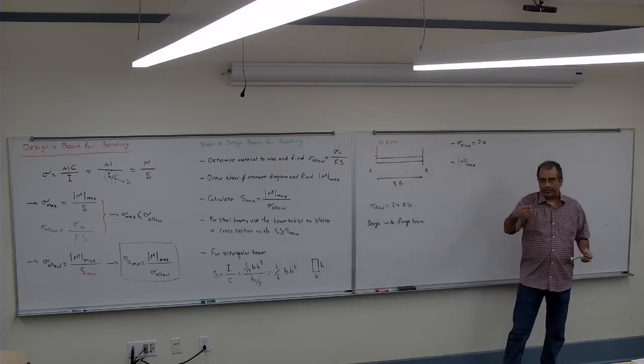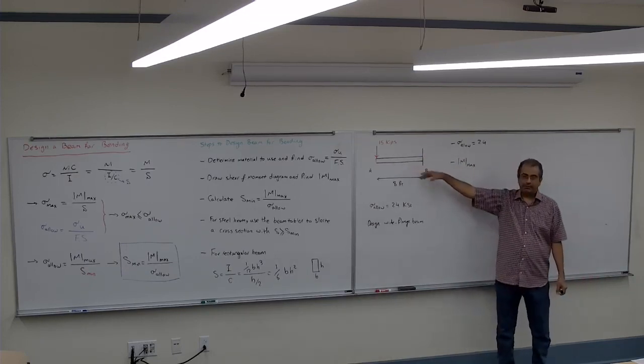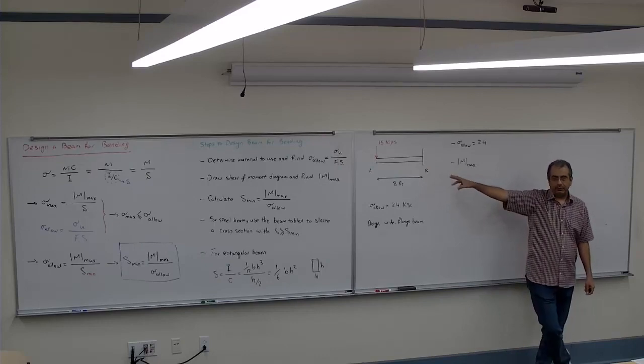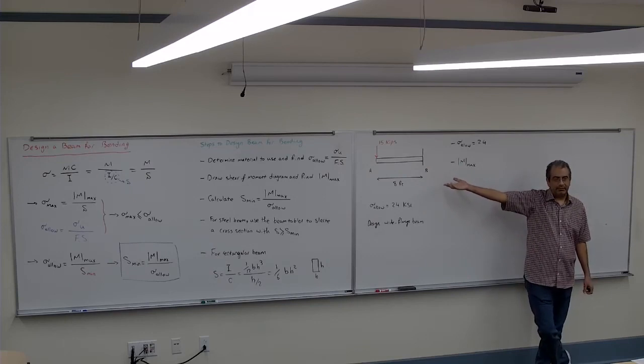In a more complicated case, I have to draw the shear and bending diagram. We will do that. I will show you about that. But it's a simple case. Where would the maximum moment happen in that beam?